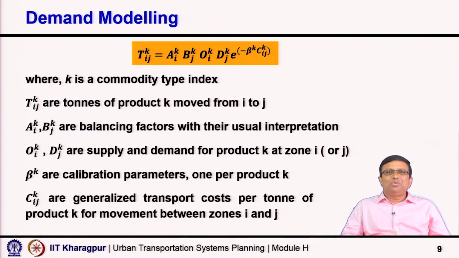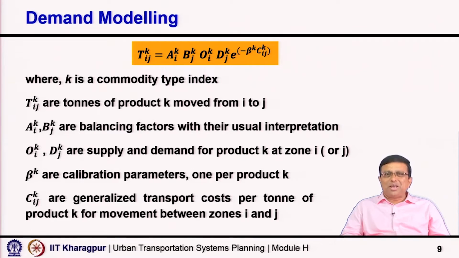Otherwise, this is again production and attraction, similar to what is used here, and beta is the calibration parameter, in e to the power minus beta Cij. Beta K means for product K, so it is a product specific beta value.